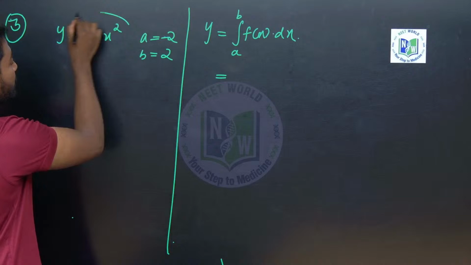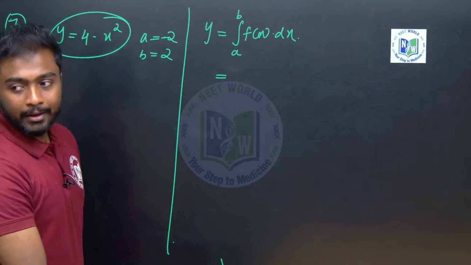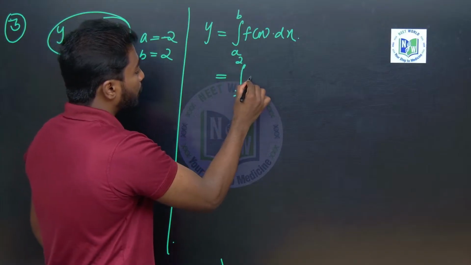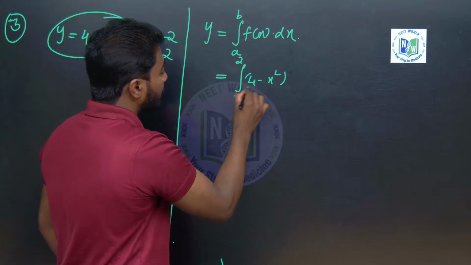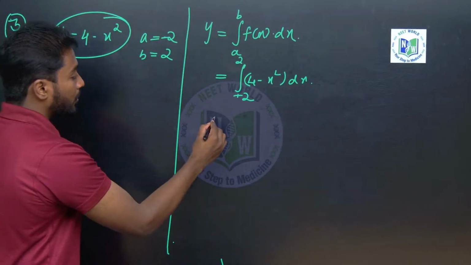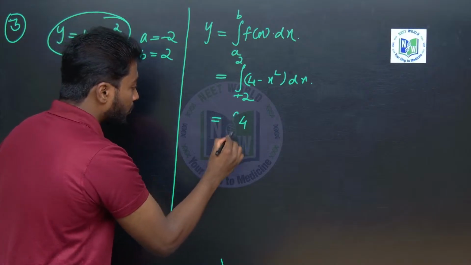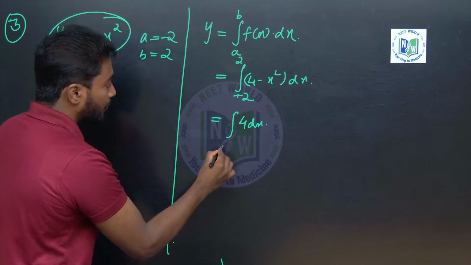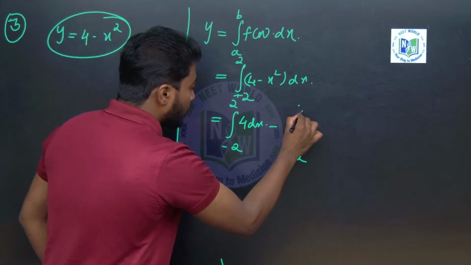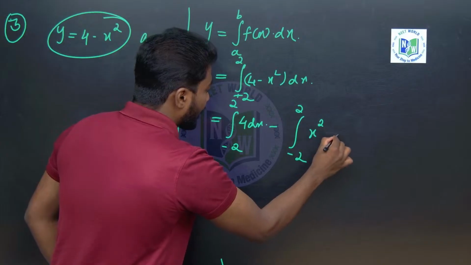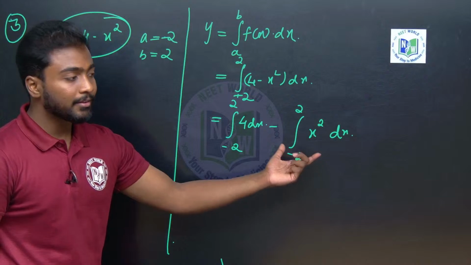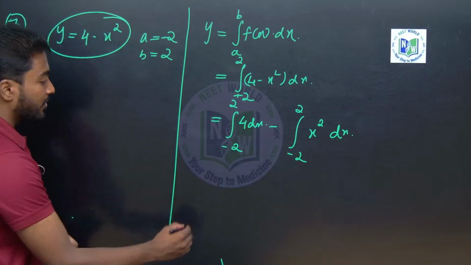The given function is 4 minus x square, from minus 2 to 2, with respect to dx. Now take 4 separately, dx from minus 2 to 2, minus integral from minus 2 to 2 of x square dx. Take the values separately like this, then you can apply the limits now.